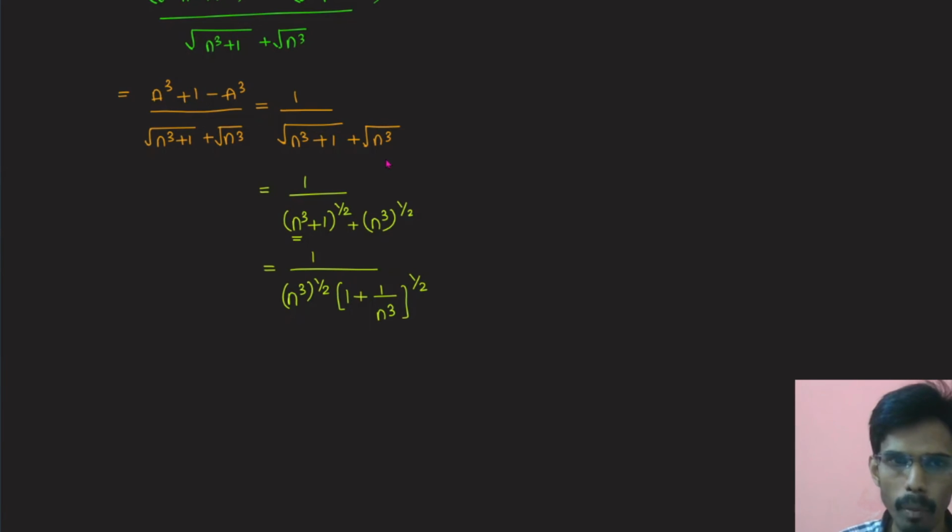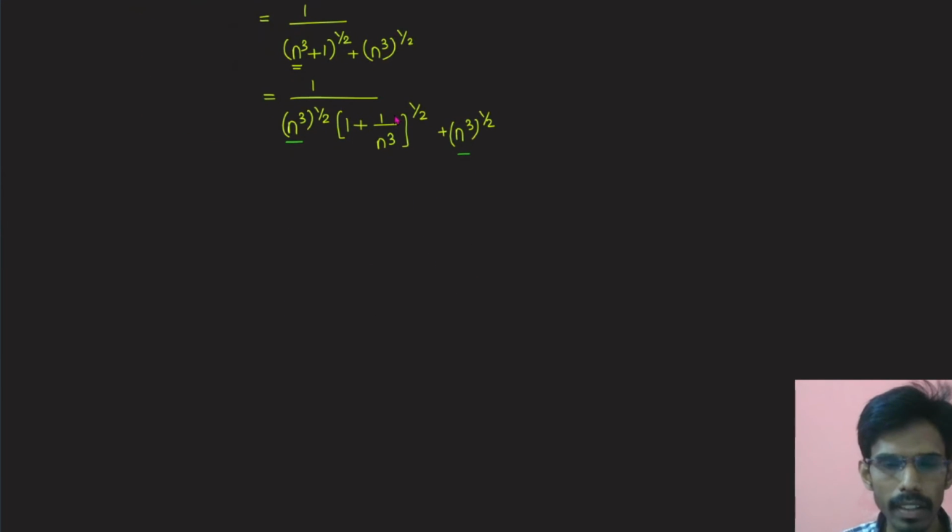If I take this n cube common, then this n cube will carry 1 by 2 with its power, plus we have n power of 3 by n power of 3 power 1 by 2. Now see here we have these two terms common in the denominator. So I'll take that term as common. We have 1 upon n power of 3 whole power of 1 by 2 common.